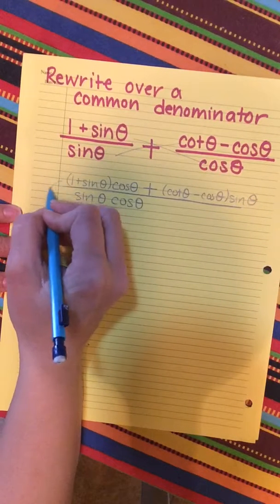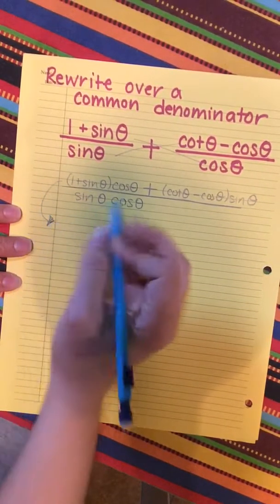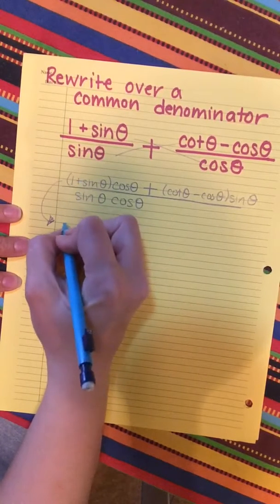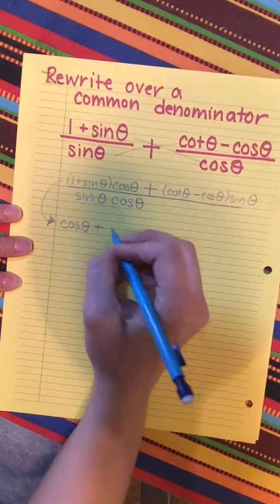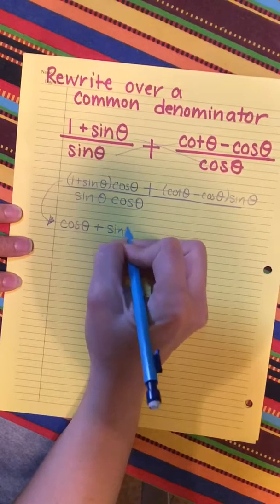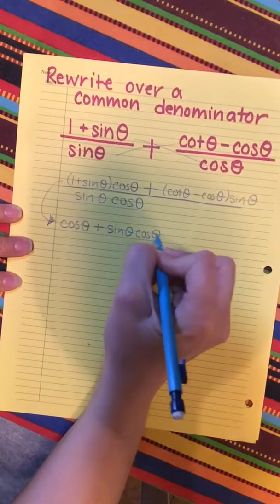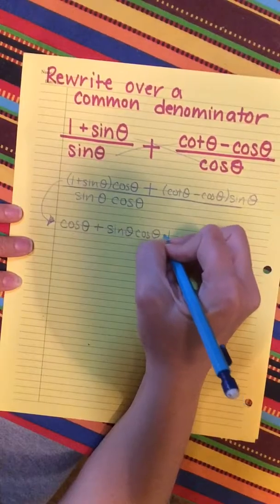All right, so let's focus on the numerator for a moment. Cosine of theta times 1 is cosine of theta, plus cosine of theta times sine of theta, just sine of theta, cosine of theta. Big fat plus sign.